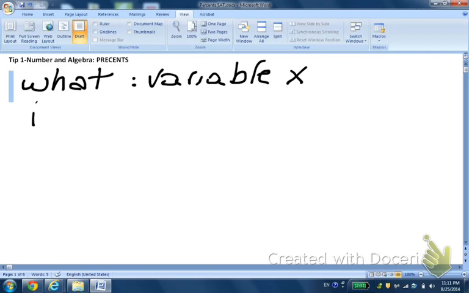The word is translates to an equal sign. So whenever you hear the word is, it means the equal sign.